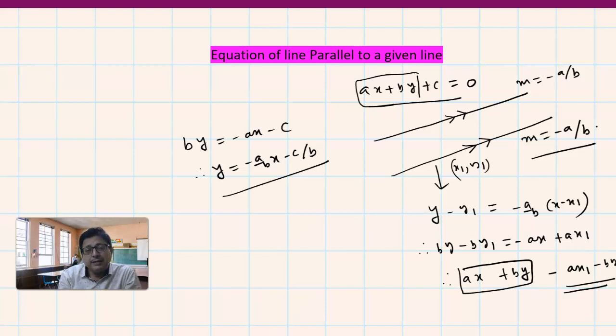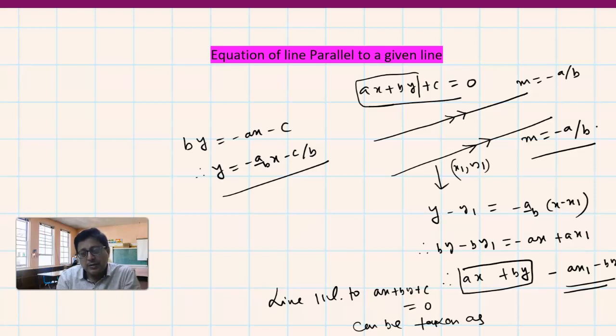So a line parallel to ax plus by plus c equal to 0 can be taken as ax plus by plus k equal to 0. That k is equal to minus ax1 minus by1. So this k you have to find.